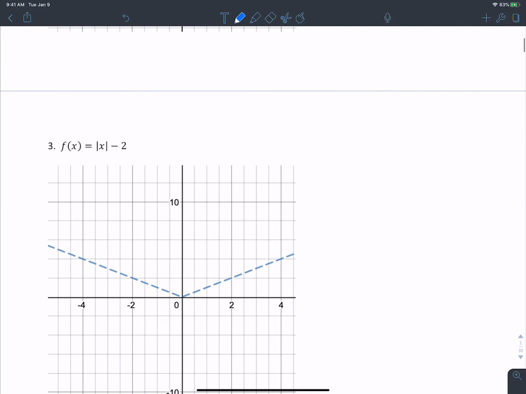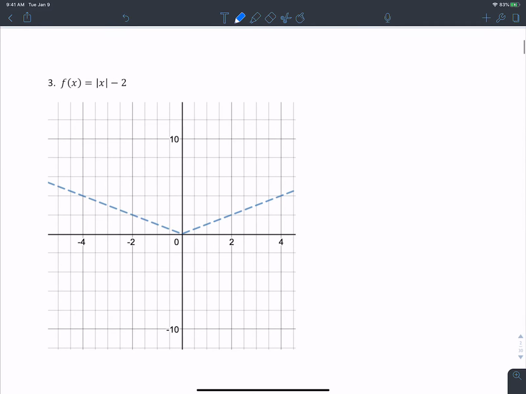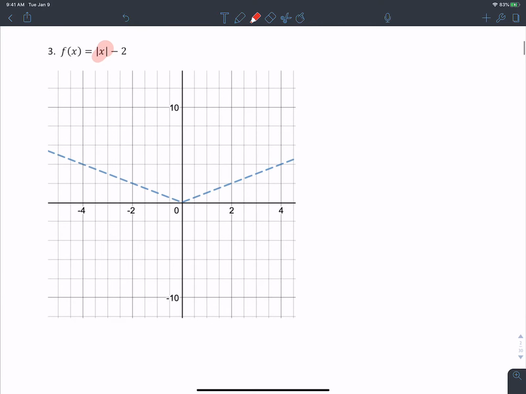We'll leave number 2 for you guys. This is going to be working only on the odds. And in this case here, I want to remind people, this is the absolute value curve, which is why you see the absolute value graph in this picture. But now you have minus 2 units here.